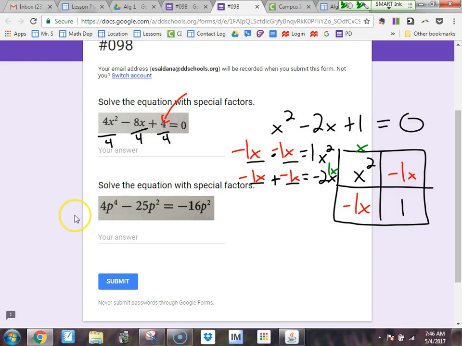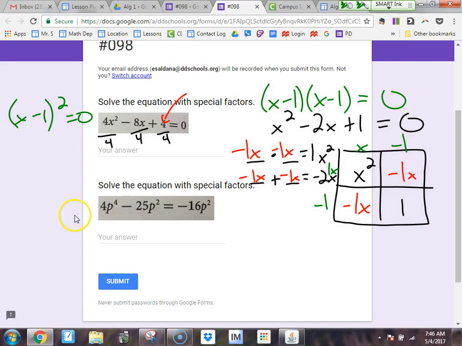I know x times negative 1 is negative 1x, and x times negative 1 is negative 1x. So factored, I have technically x minus 1 times x minus 1. You could rewrite this as x minus 1 quantity squared.